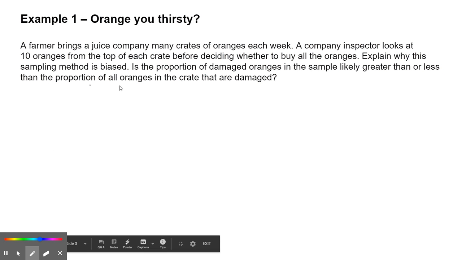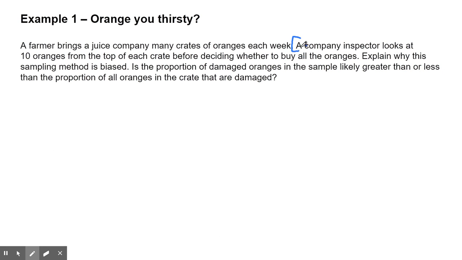So the key here is this sentence right here: a company inspector looks at the 10 oranges from the top of each crate. So you have a crate filled with oranges. That's the population, the crate of oranges. You're looking at a sample of only 10 from the top. So why is that a problem? Well, think about it. The ones on the top are the last ones placed.